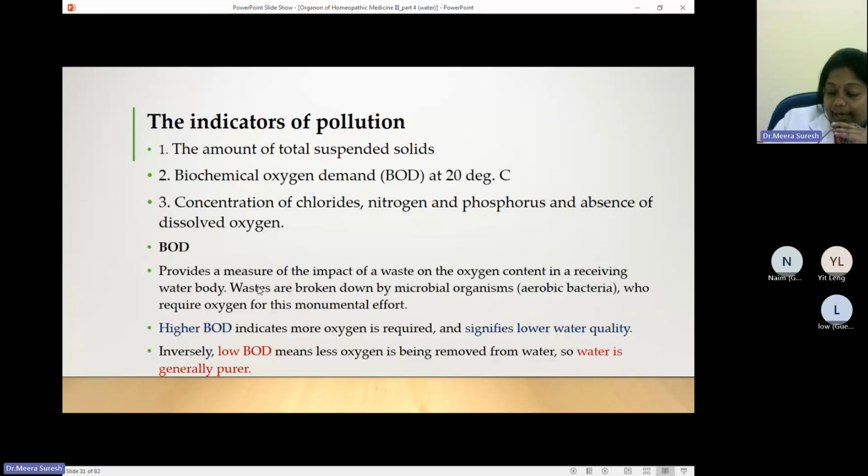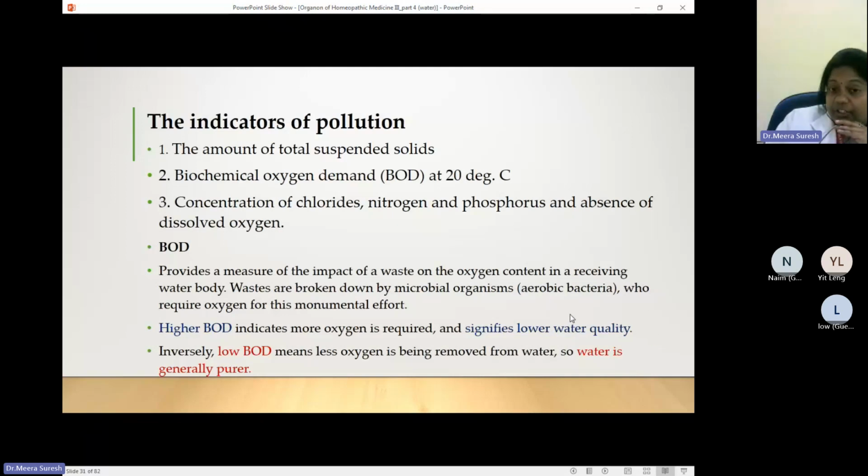So the waste that the industries are adding into a river or sea or whatever is going to be broken down by the microbial organisms. And because they are aerobic, they will do this process utilizing the oxygen. So if the BOD is very high, it shows the water quality is very low.